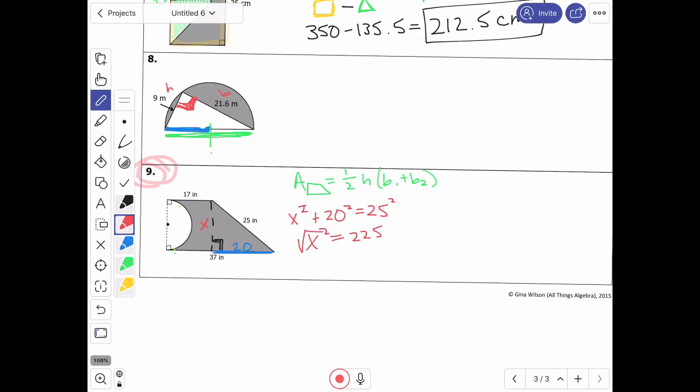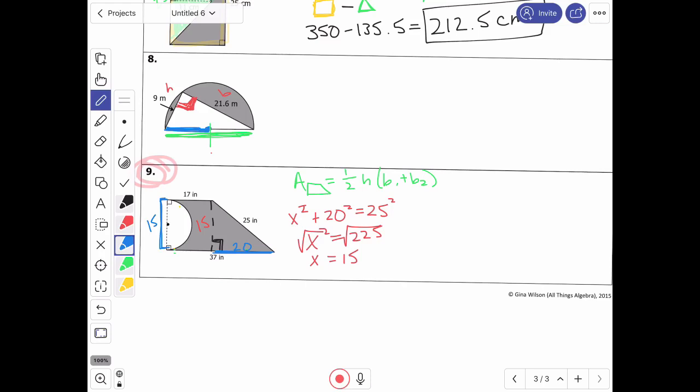Then if I take the square root of both sides, x turns out to be 15. So I'm going to make note of that on my picture. This side right here is 15. That means this entire circle has a diameter of 15. So that'll come in handy later.